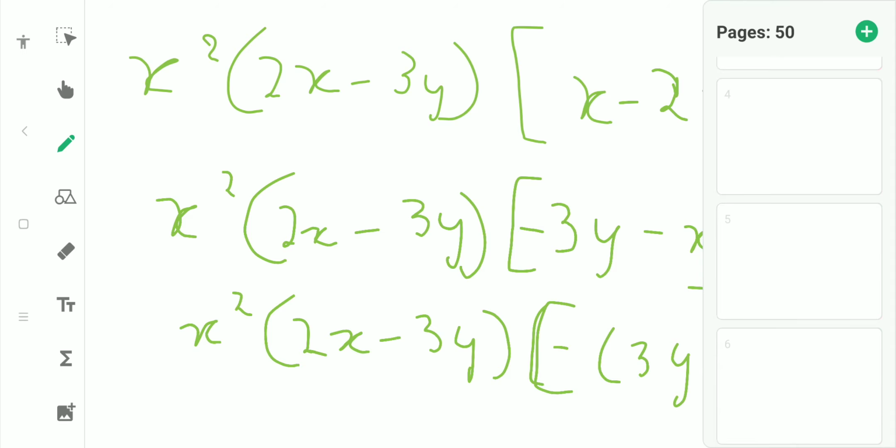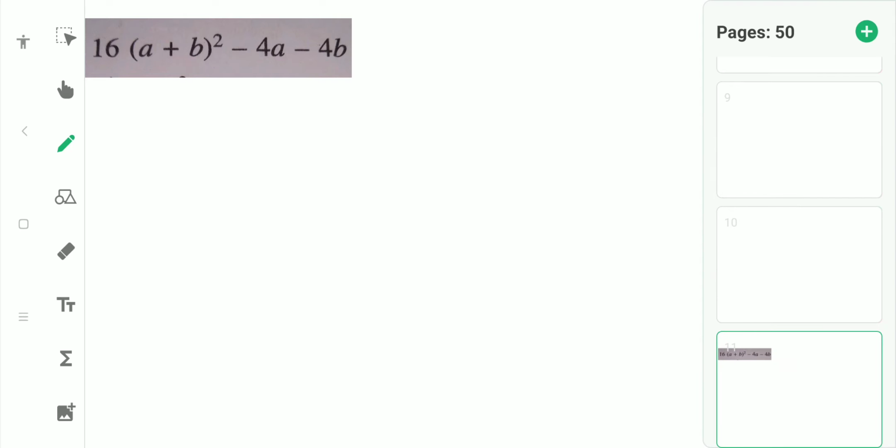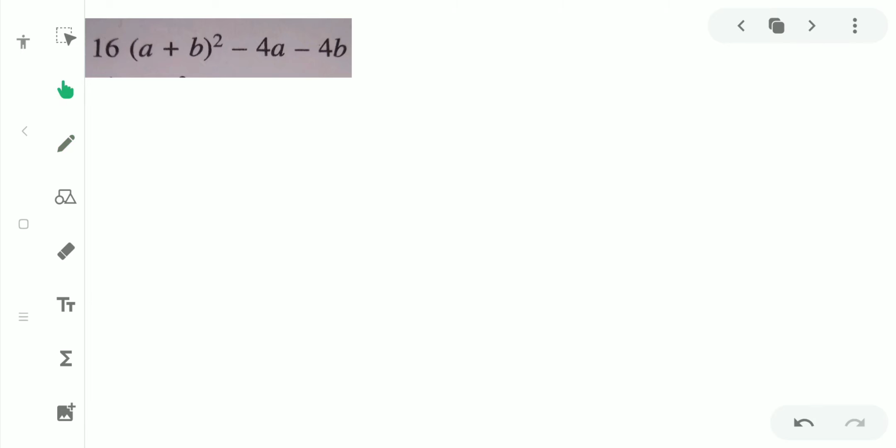Let us go to another example. The question on your screen is 16ab into a plus b whole square minus 4a minus 4b. That is the given question.